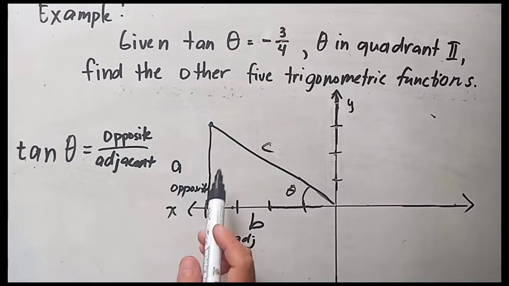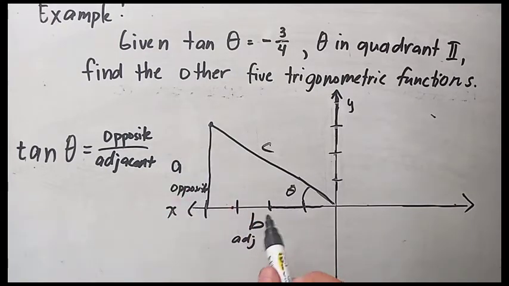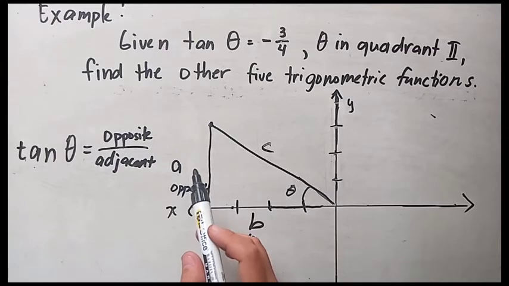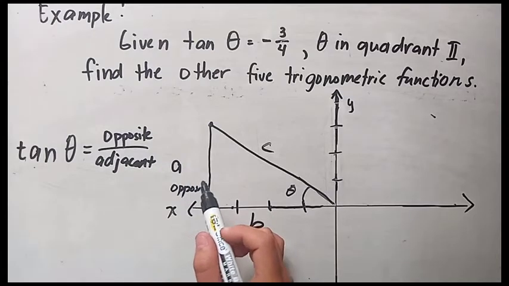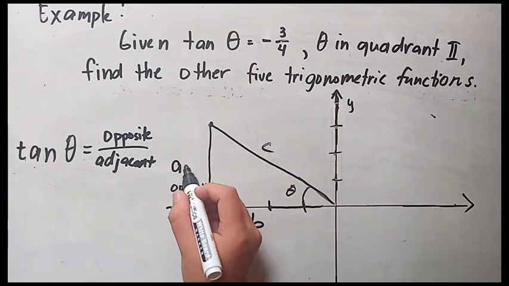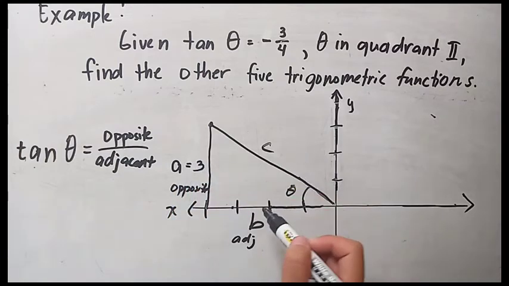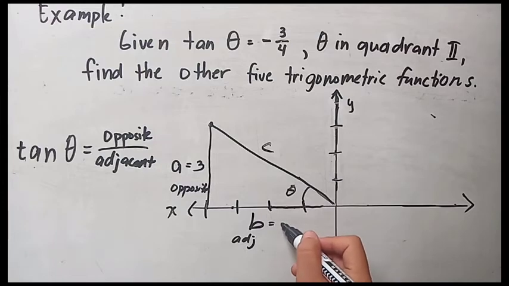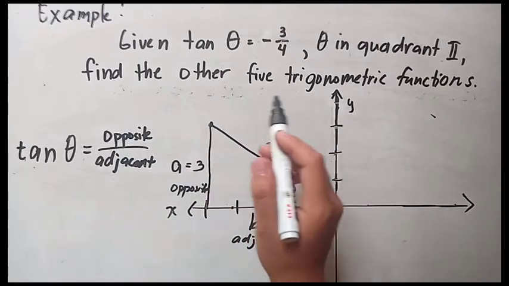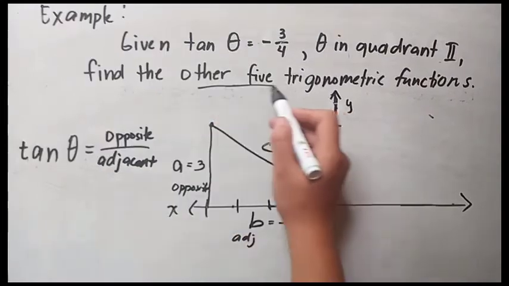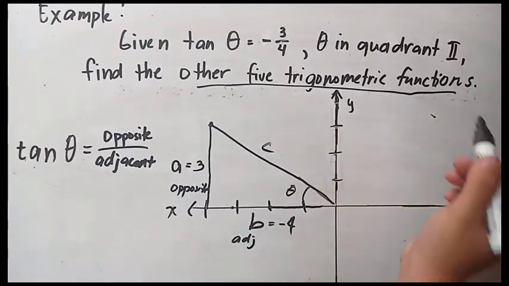So, this is the opposite side, and this is the adjacent side. And again, what is the measure of our side A? So, that is 3. And our side B, which is our adjacent, that is negative 4. And what we are going to look for is the other 5 trigonometric functions.